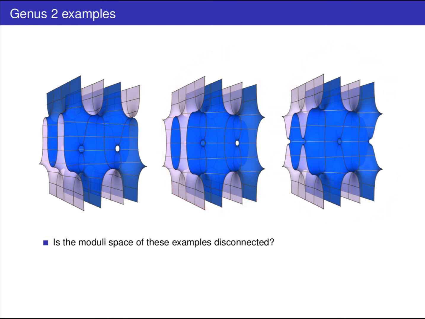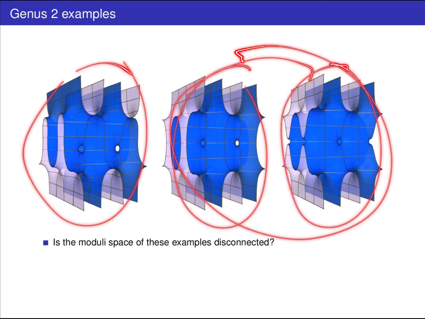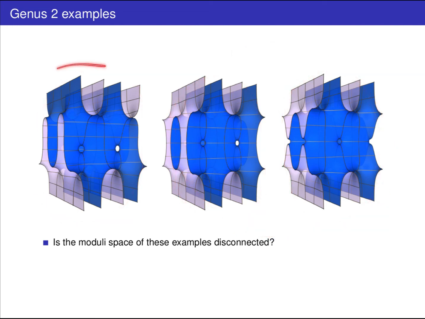Note the difference between this one and these two is that we're starting with a different KMR surface. These two have the same building block for the KMR surface, but on this one the top ends were shifted over by half of the horizontal period.